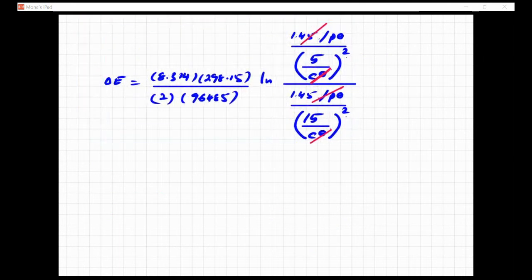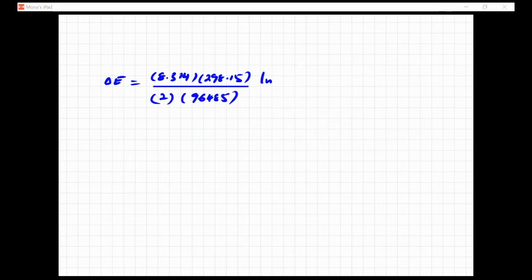What will happen? You could see that this will cancel, and this will cancel. We will be left with 15 and 5. So that should be here: 15 squared and 5 squared.